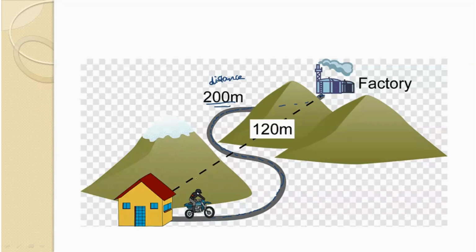And the shortest distance between the rider's house and the factory, this direct line we can connect, is your displacement. Displacement gives you a direction, like from home towards the factory it is 120 meter. And the actual path he rides would give you the distance, and distance has no direction.